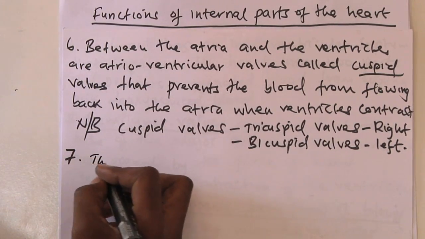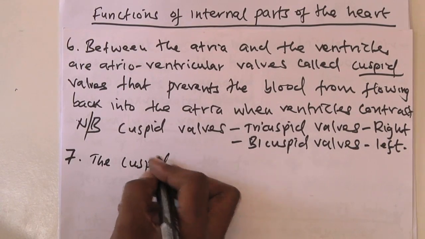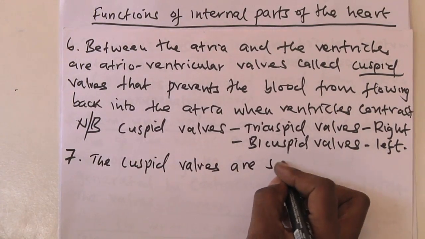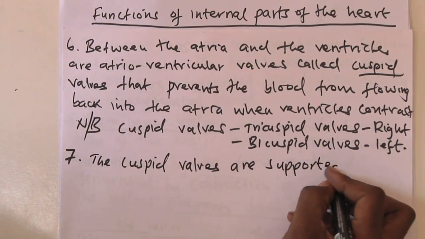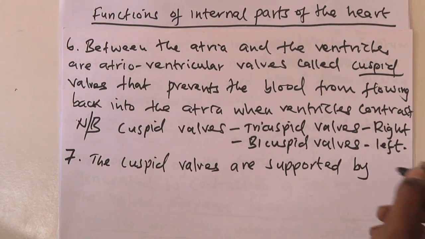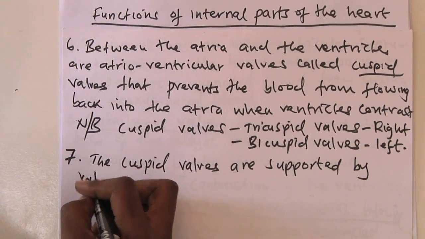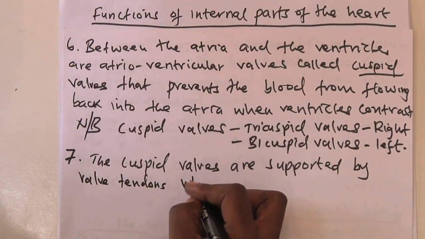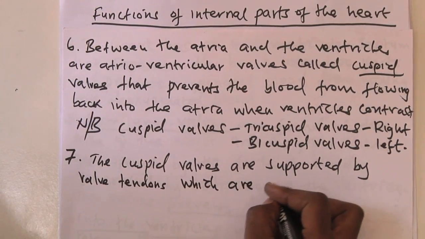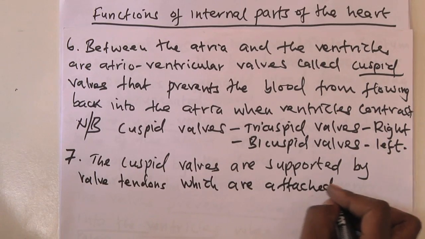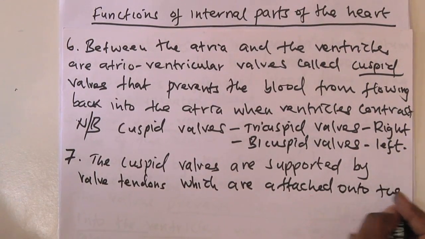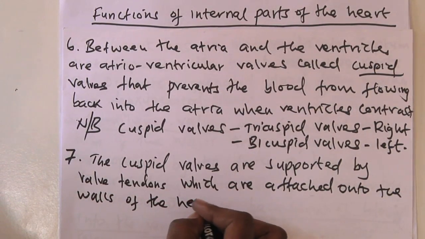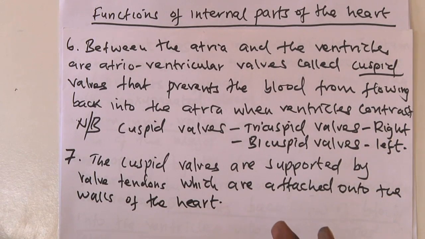So the cuspid valves are supported by what we call valve tendons, which are attached onto the walls of the heart. And what do these valve tendons do?